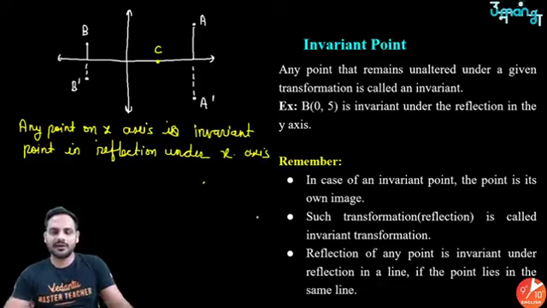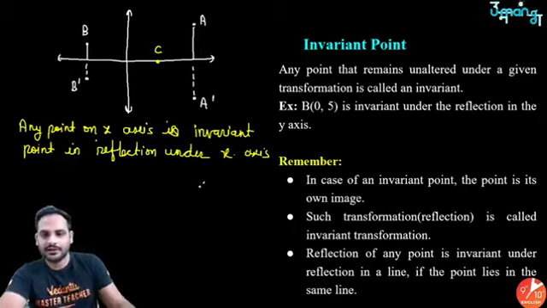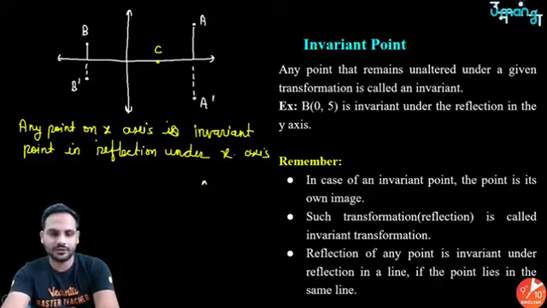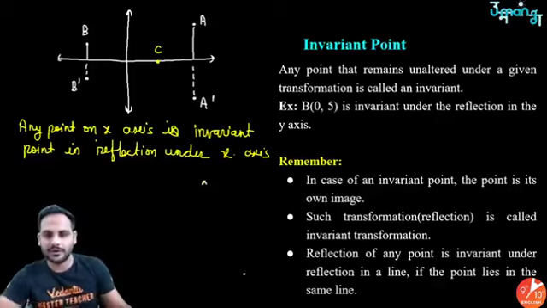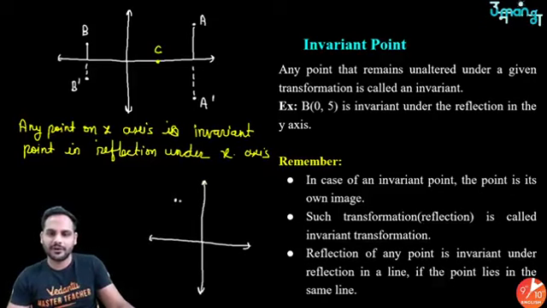Similarly, if we are doing the reflection under y-axis, you will see that all the points, their image coordinates will be different. For example, one point here, C, its image will be here, C dash. One point over here, let's say D, its image will be D dash, right?